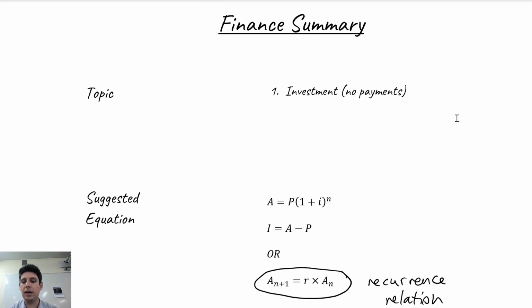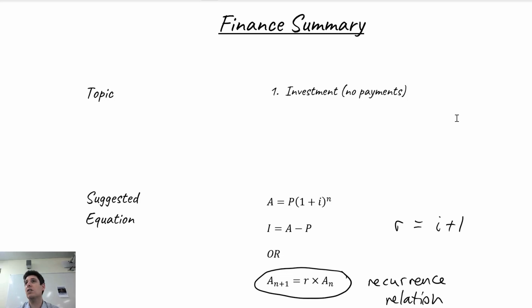So you're just timesing the interest rate plus 1. So R is the interest rate plus 1 times by the previous month or year. So if you start with 1,000, you just times that 1,000 by 1 plus the annual interest rate, and that'll give you the total amount for next year. So this takes a lot longer.